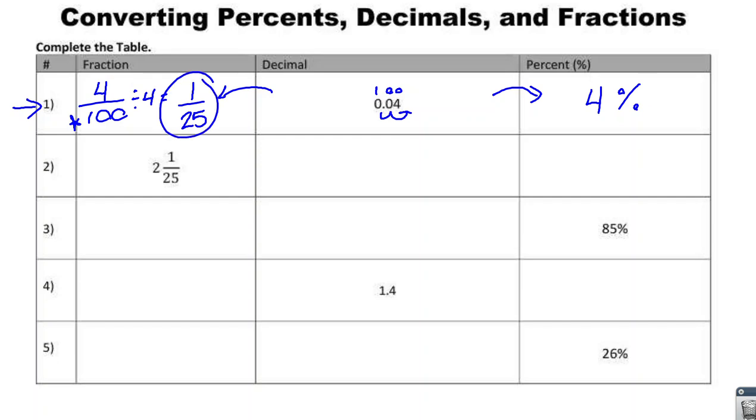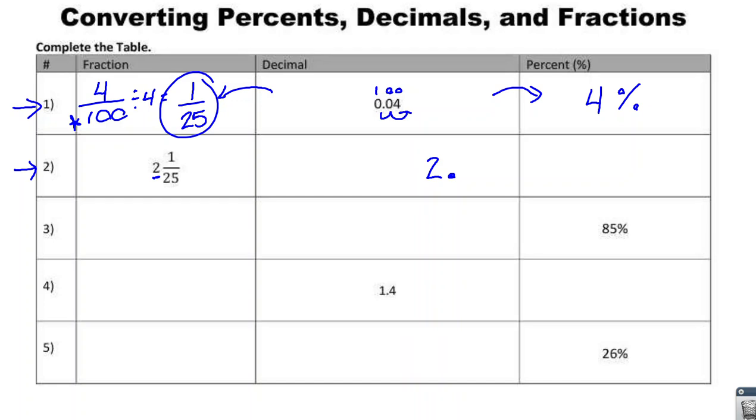Okay. I'll do row 2 with you. The decimal, well, we know the whole number is going to be a 2, so I'm just going to put a 2 here, 2 point, because I have a whole number of 2 in my fraction. But I need to figure out what is that 1 over 25 with my long division.